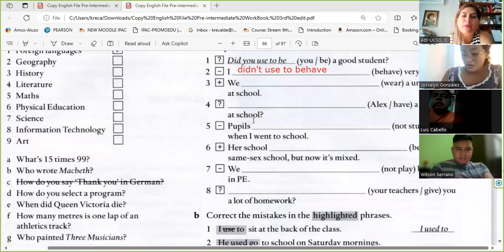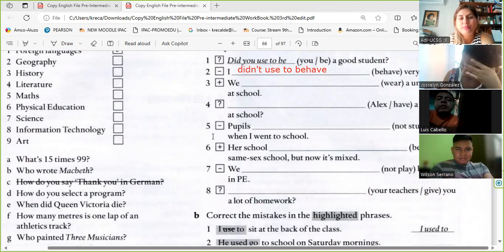Let's continue, number 3. Number 3 is for Luis Cabello. Now we have a sentence. So we say, how do we say, Luis? No, remember, we use what?